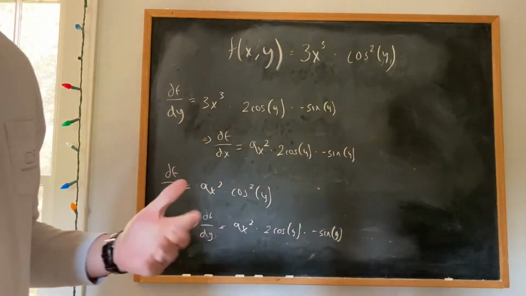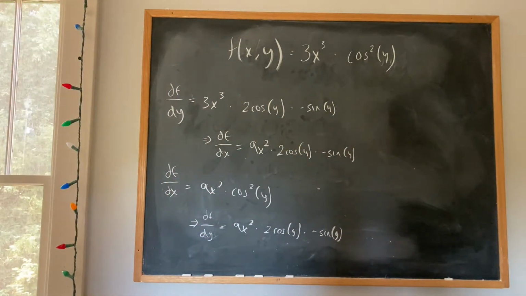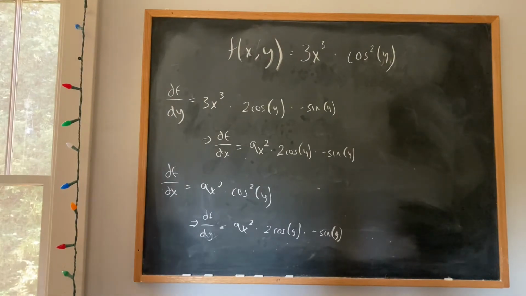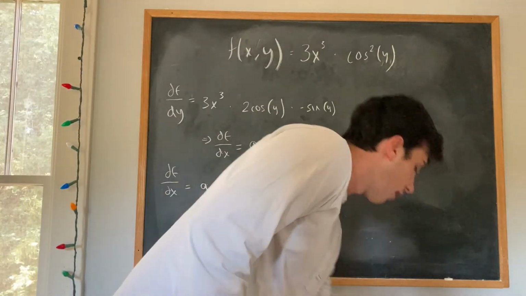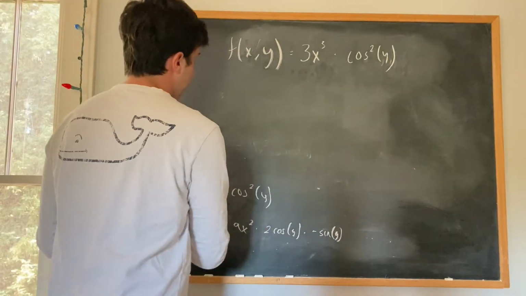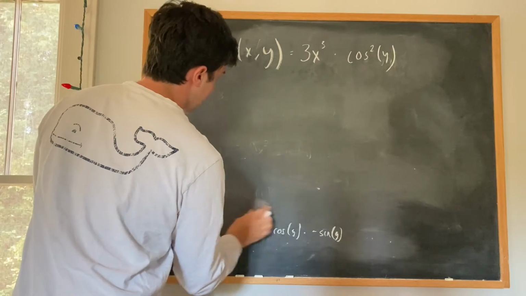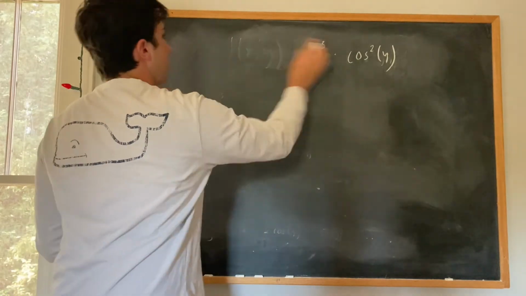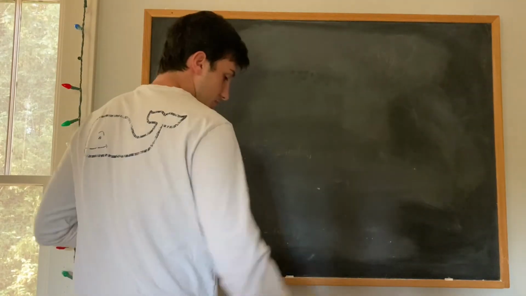Now, while this might seem sort of trivial or intuitive with just 2 variables, something that's interesting is that if I do this an infinite amount of times, as long as I have the same number of x's and the same number of y's, this will remain true.